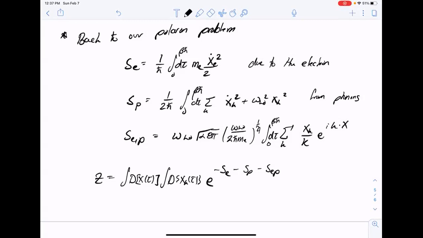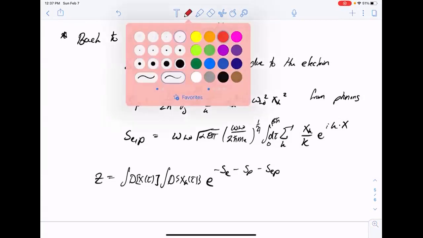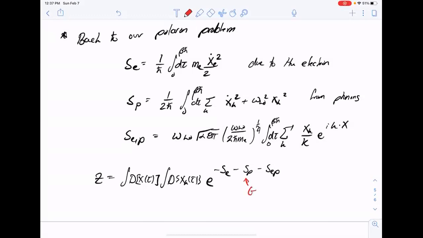But the phonons are Gaussian, and have linear coupling to the electrons in that coupling. So we could use our tricks to evaluate partition functions of Gaussian path integrals or Gaussian field theories to integrate out the phonon variables and see what remains for the electron.